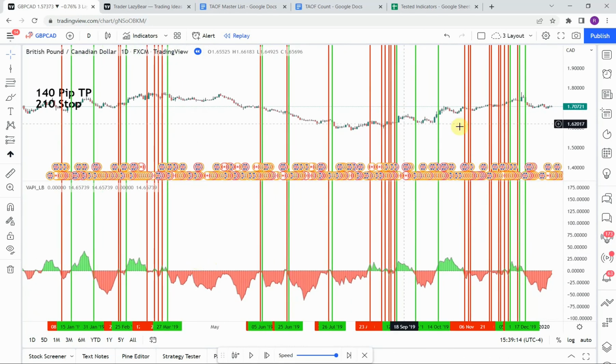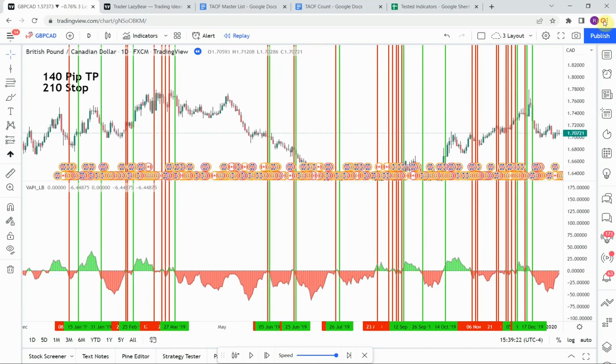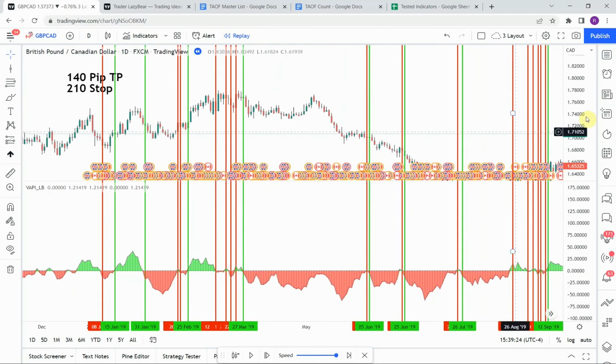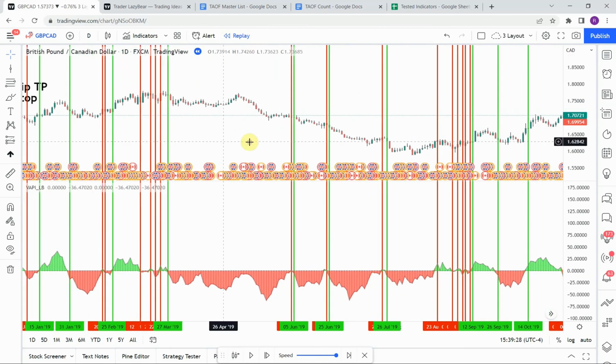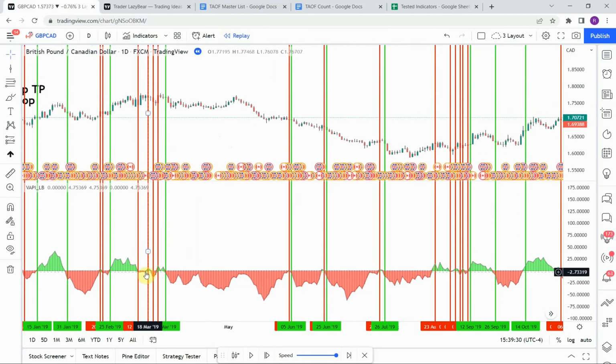And so a lot of these clusters of losing trades are in areas of consolidation, like right here. This is an area of consolidation, and you see that price is just kind of bouncing within this range right here. And because of that, and no buffer in the indicator here, you get these instances where you take a losing trade after losing trade after losing trade.